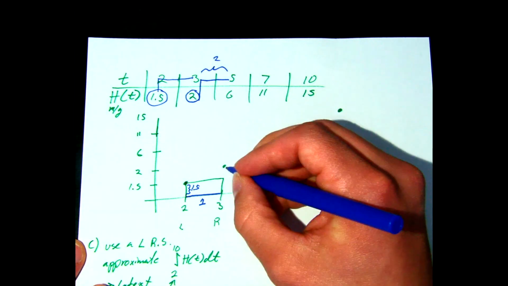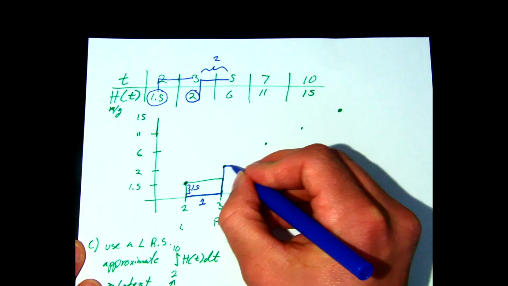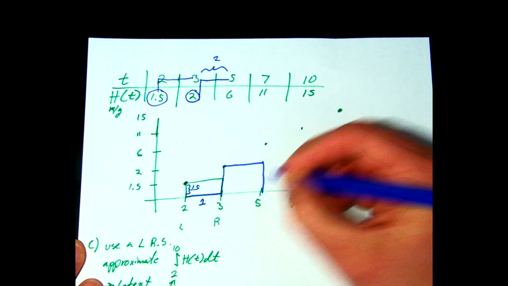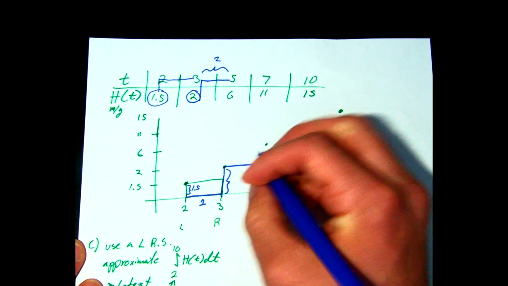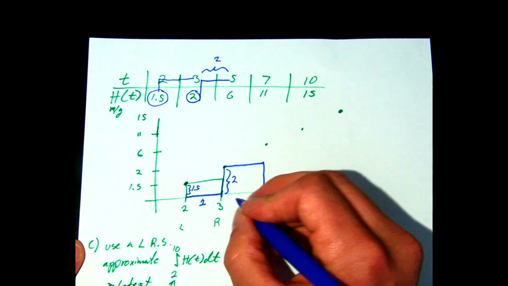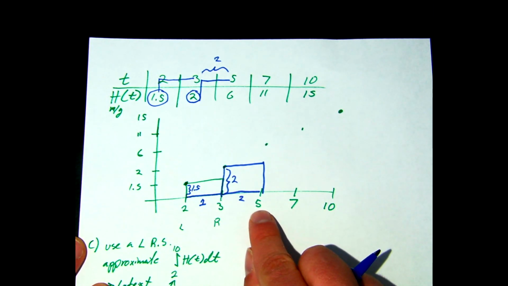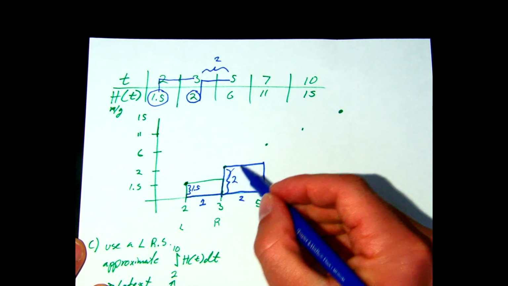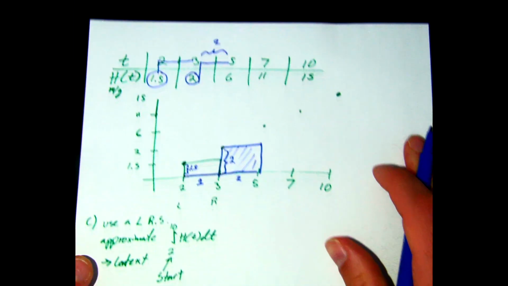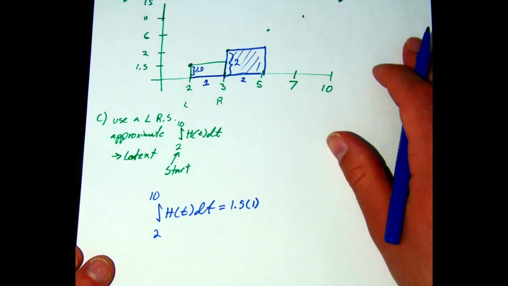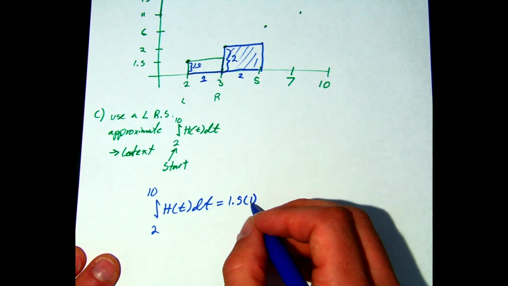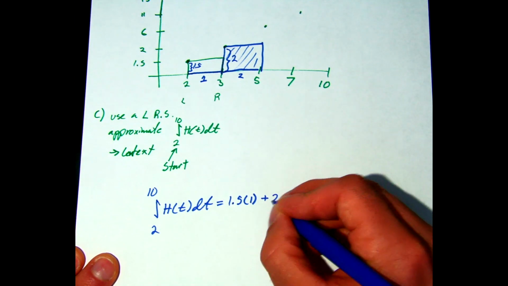On the picture, this part right here is 2 spaces. This part down here is 2. Sometimes people get confused and they start to put 5, but we're only doing the area of this rectangle. So 1.5 times 1 plus 2 times 2.